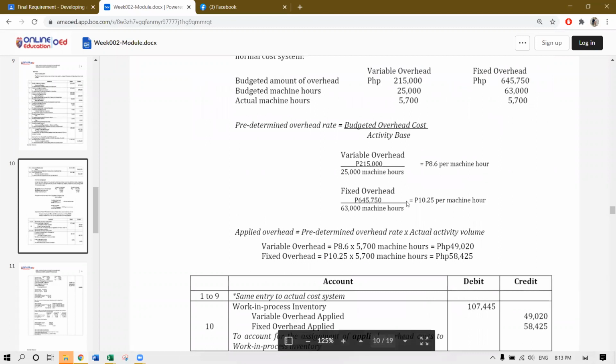Okay. So, gin-multiply na ini class nga predetermined overhead rate to the actual number of machine hours. Yan. 8.6 multiplied by 5,700, amo na itatan variable overhead costs. And then 10.25 from our previous computation, which is 10.25 per machine hour multiplied by the number of machine hours, which is 5,700. So we got 58,425 pesos.